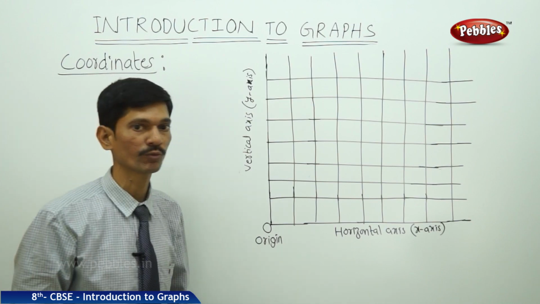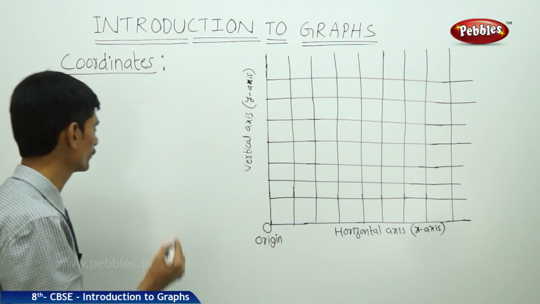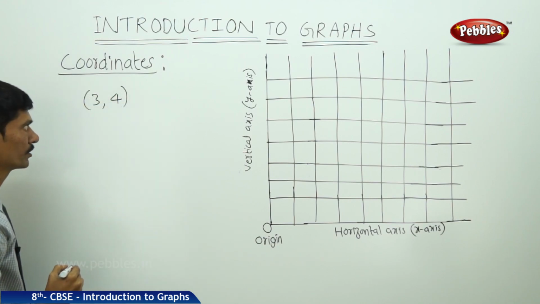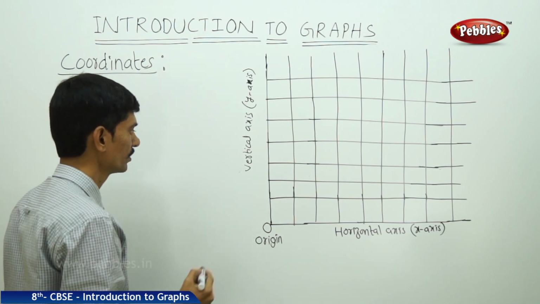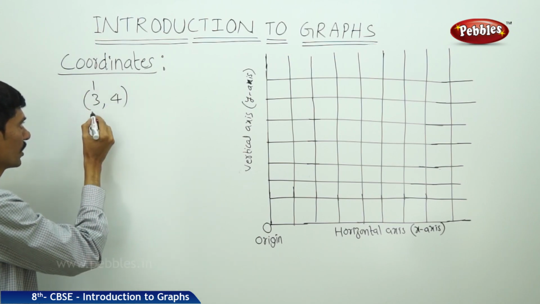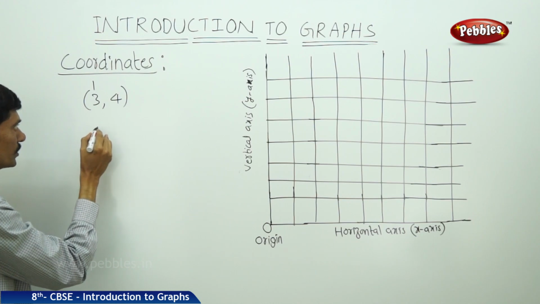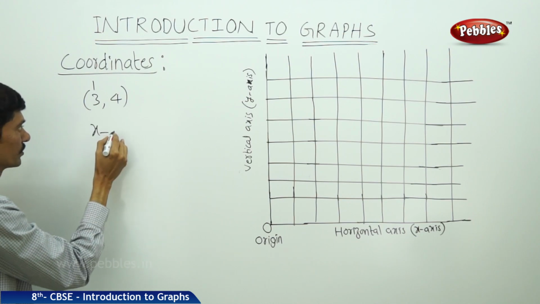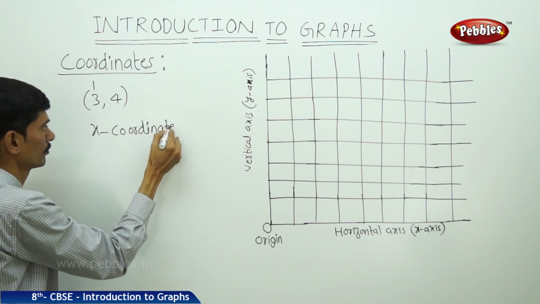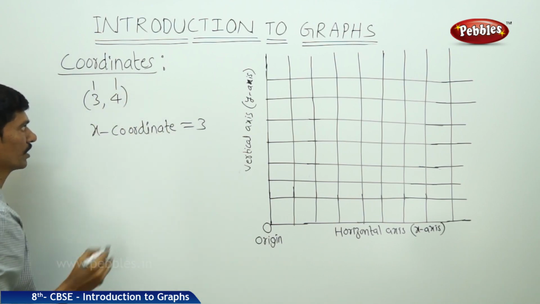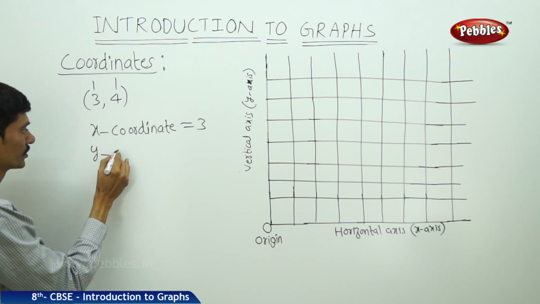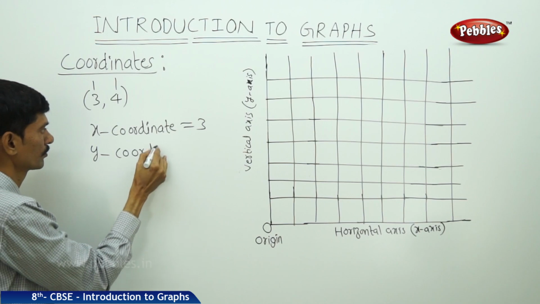Now if you want to locate a point on this coordinate plane, for example 3, 4, how do we locate the point 3, 4 in the Cartesian plane? The first number 3 is called the first element or first coordinate, also known as the x coordinate. And the second number 4 is called the second element or second coordinate, also known as the y coordinate.